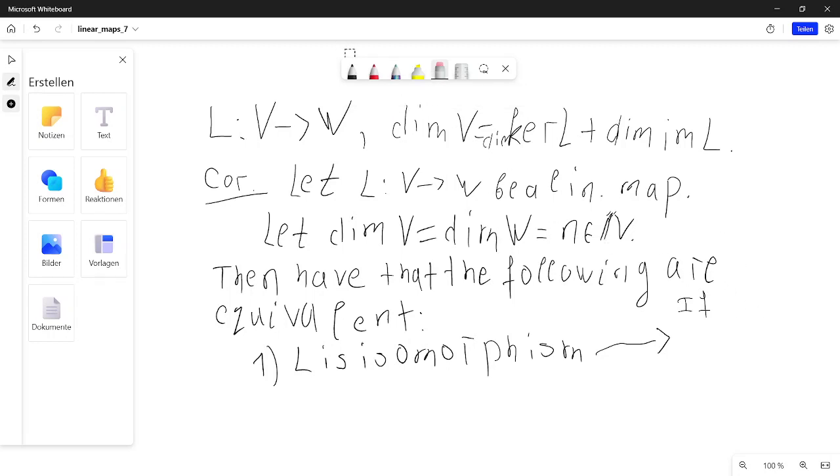That wraps up the result that isomorphic actually means that we can completely identify the vector spaces, but that is very easy.